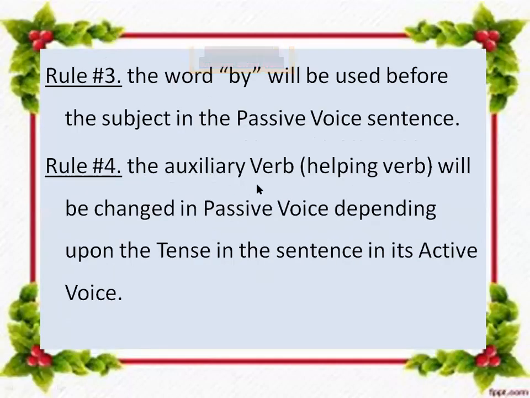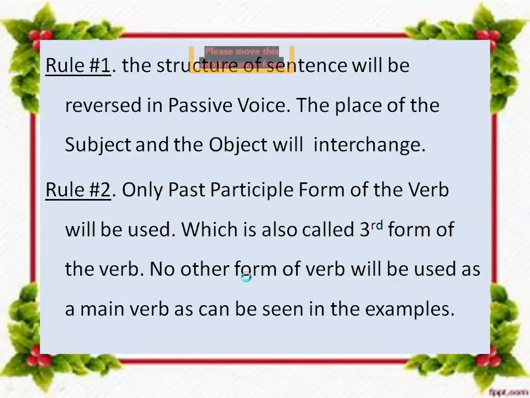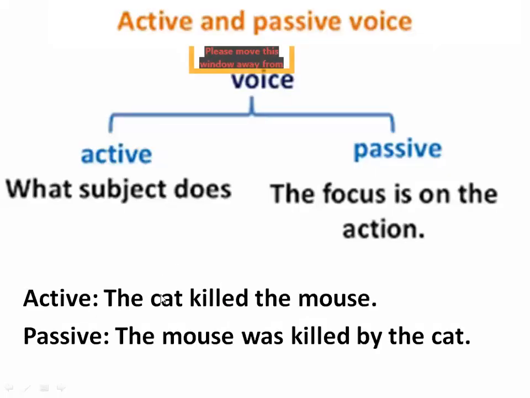And the fourth one is the auxiliary verb, helping verb will be changed in the passive voice depending upon the tense in the sentence in its active voice. See, we have simple past tense in the active sentence, so we are going to use this helping verb. Helping verb always stands in front of the main verb.